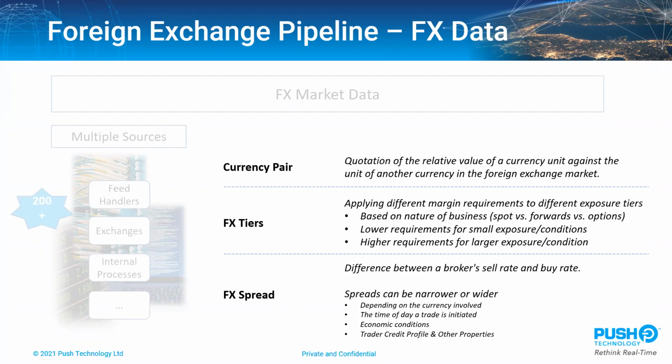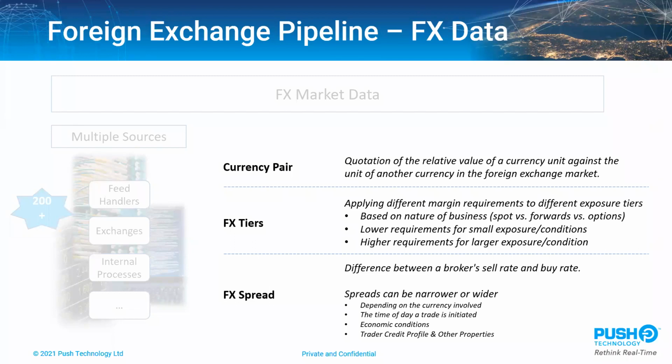Now, these tiers are based on the nature of the business. You know, are you dealing with options? Organizations and brokers have different types of clients that they work with and different prioritizations. And so there may be lower requirements for smaller exposure and conditions, where the price difference between the different currencies is a little bit closer, or they may have higher requirements for larger exposure based upon their relationships.